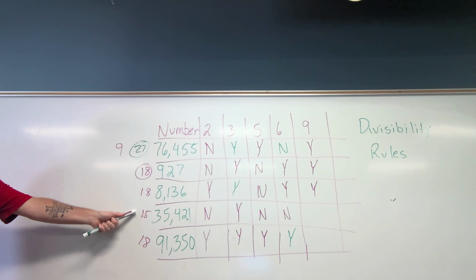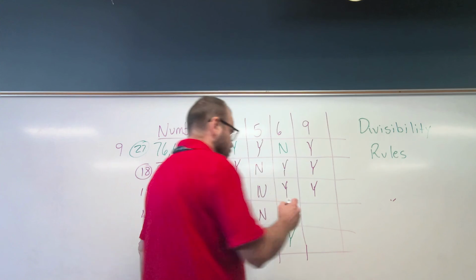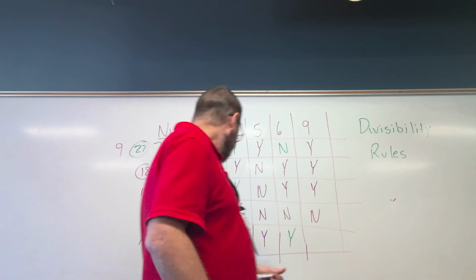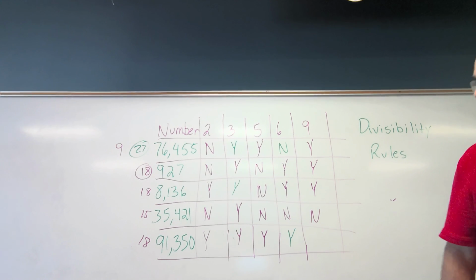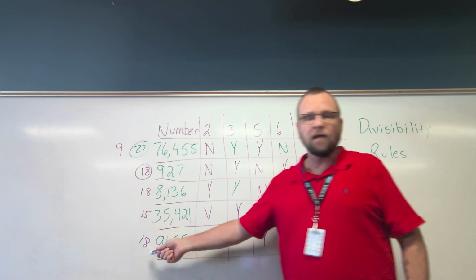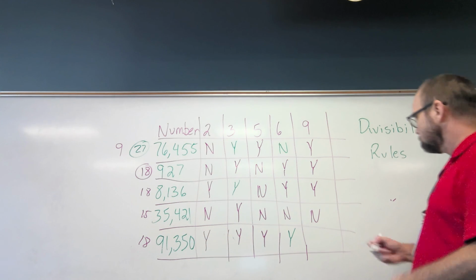The sum of the digits is 15. No. And 91,350. Maddie, is it divisible by 9? Yes, because the sum of the digits is 18, and 9 goes into 18 2 times.